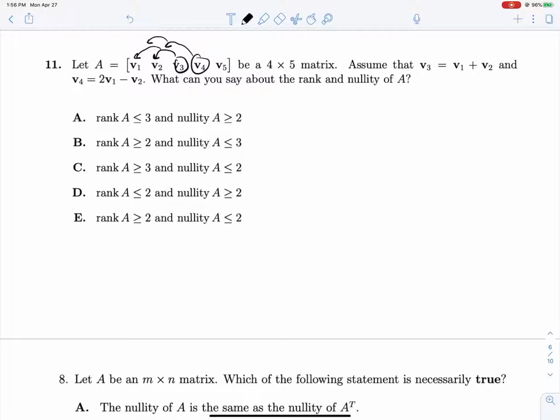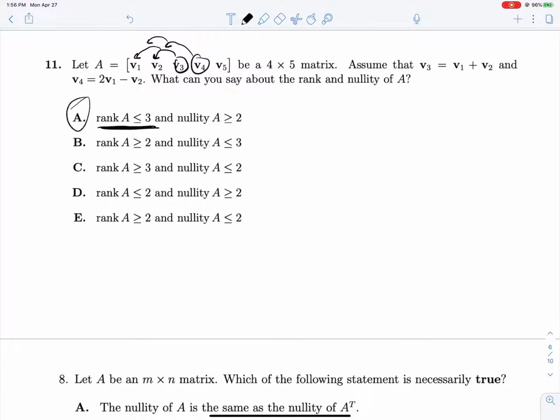So at max, V5 is linearly independent, and so we have three linearly independent columns. Thus, we'll have 3 pivot positions. So I agree that the rank of A is less than or equal to 3. Actually, that's just 4 by 5.